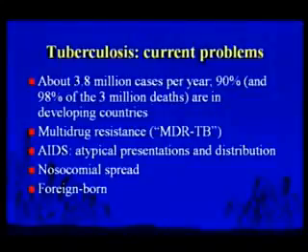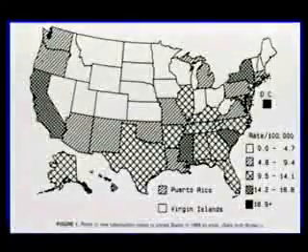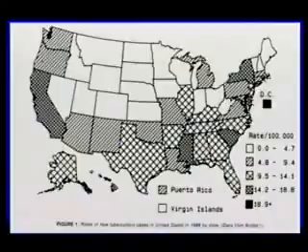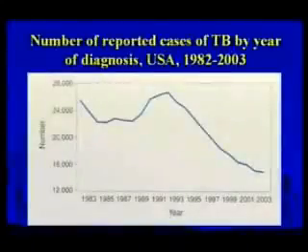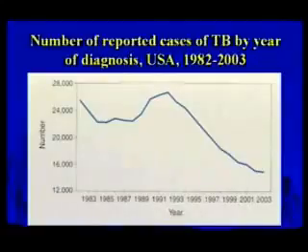In people who are born elsewhere, it's a problem. TB tends to be a southeastern disease. In South Carolina, we have this expression, thank God for Mississippi, right? The number of cases had a blip in the early years of the AIDS epidemic, and with the change in the case definition, then has begun to fall again in the United States.